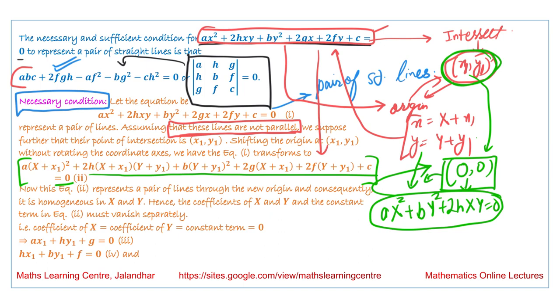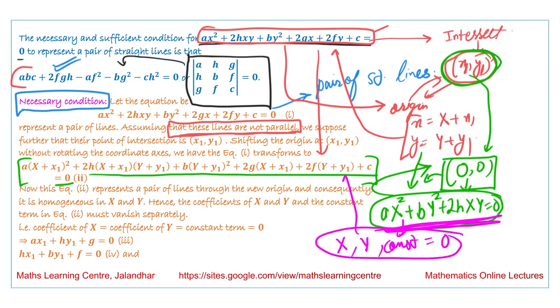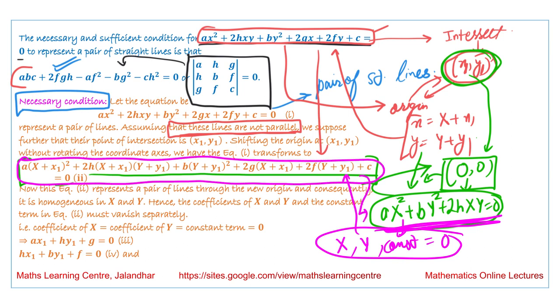So if the equation is of this form, the coefficient of x, the coefficient of y and the constant term should be equal to 0.